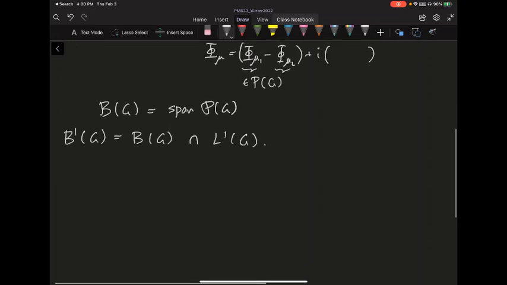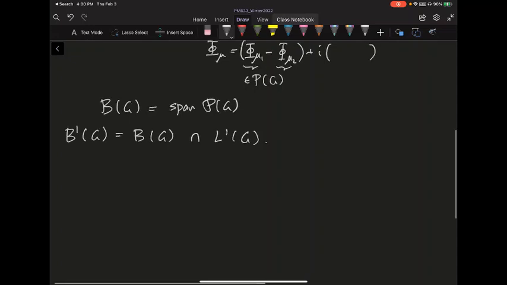And so one thing is that if your function f is inside B of G, then f needs to be an integral against some kind of measure on the G hat.